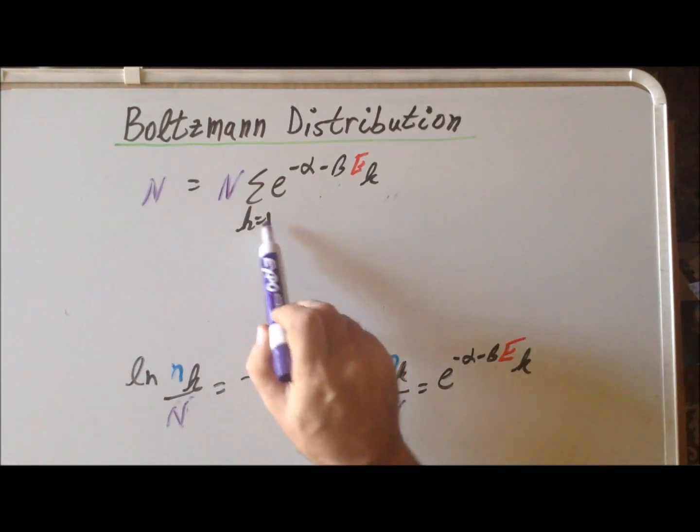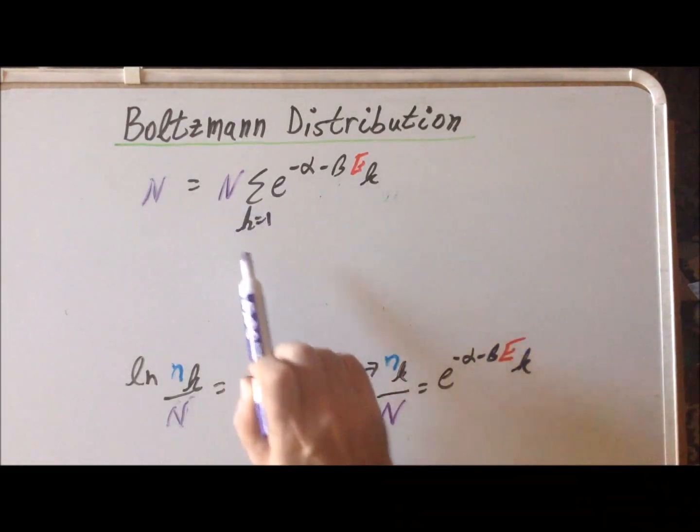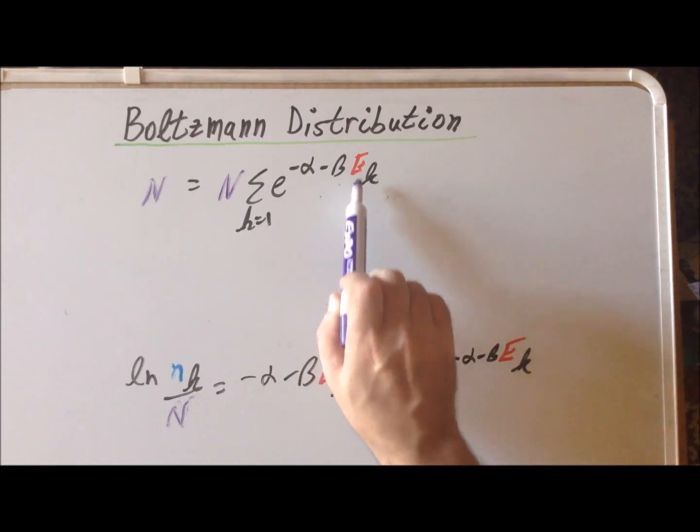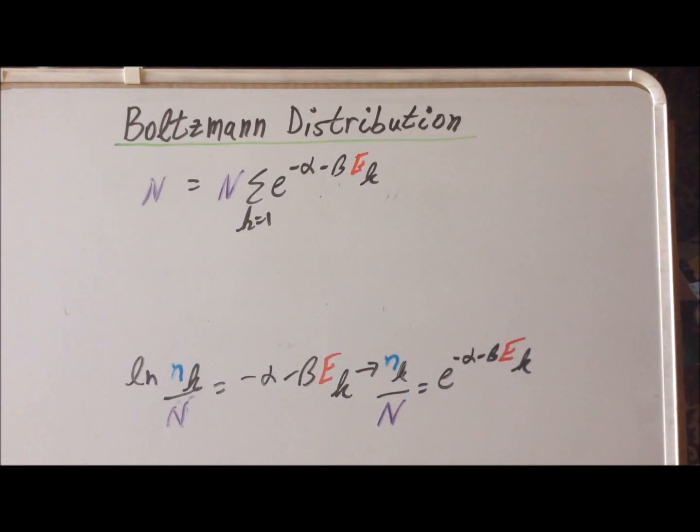Next, let's break this sum of the exponentials and rewrite e to the minus alpha minus beta e sub k as two different exponentials.